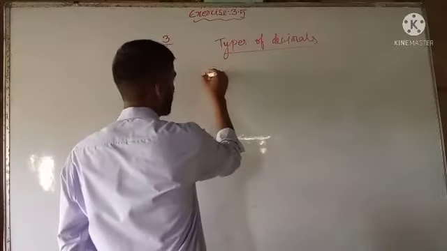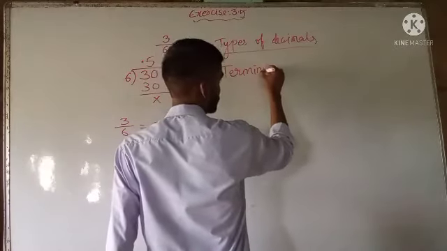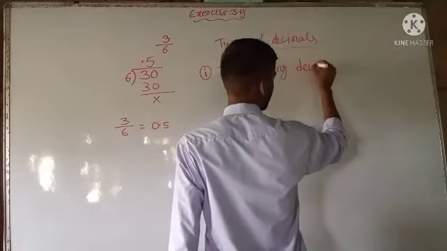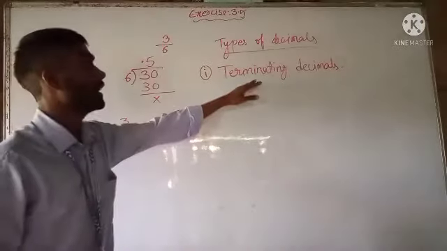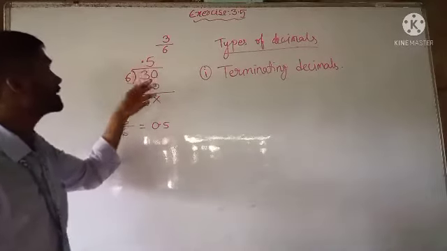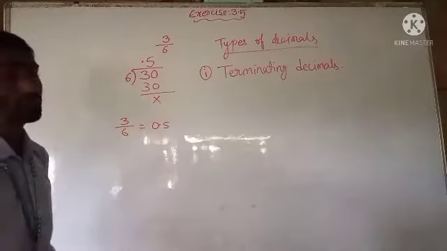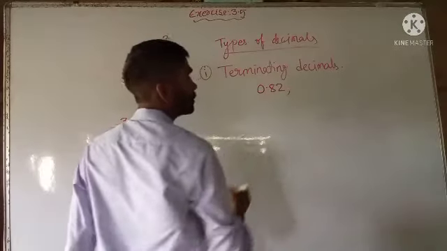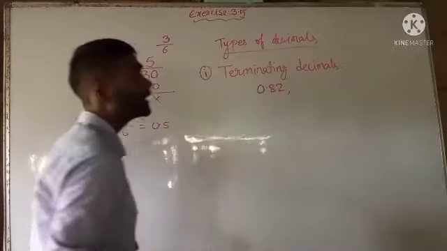The first one we can get is the terminating decimal. Terminating decimal means that when we divide a rational number, after the decimal point the division will be over, that means the remainder will be 0. For example 0.82, here also the division is finished after the decimal point of 8 and 2.